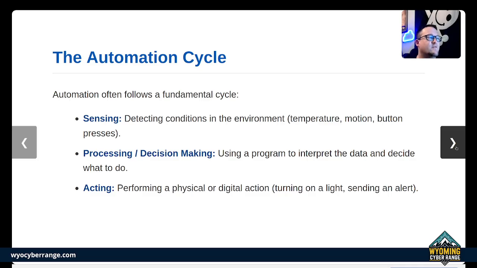Once we have all that information, we need to interpret what it means. 60 degrees in the office and 105 degrees in the office are two totally different things. How do we understand what we're going to do with that data? So we're going to process it.